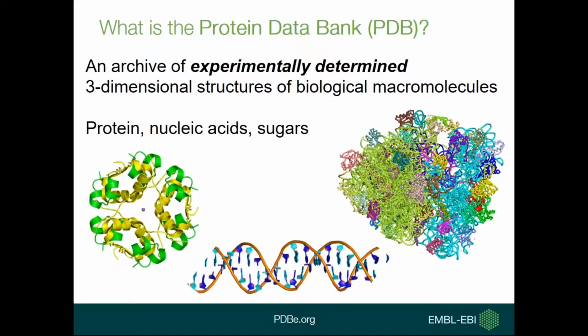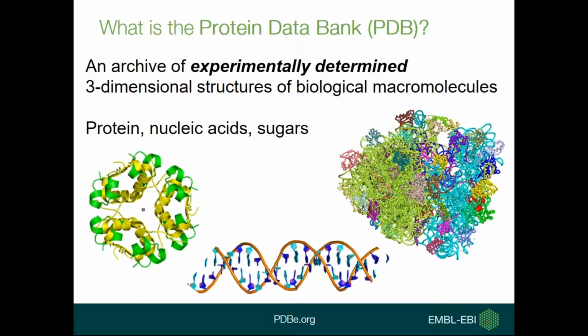If you're unfamiliar with the Protein Data Bank archive, then we're an archive of experimentally determined three-dimensional structures of biological macromolecules. And the experimentally determined is critical in the PDB archive. All our data come from a sample which has been in a tube at some point.